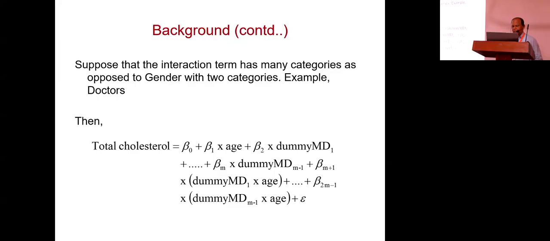So therefore, what we do is we assess the variability of the slopes. Last time we assessed the variability of the intercept. We allowed them to have a different intercept and checked whether it is necessary or not. And if it is necessary, you retain that model. Now we are doing the same thing by interacting age with the doctor's level.